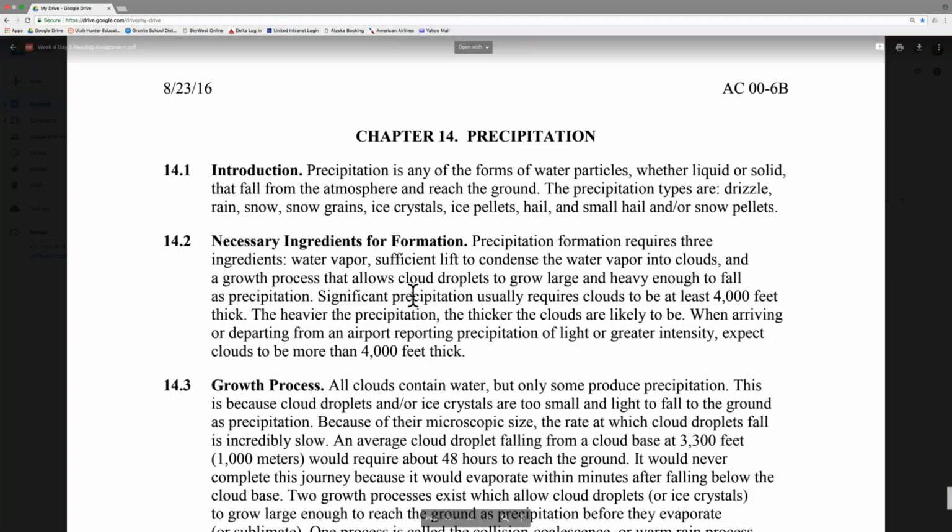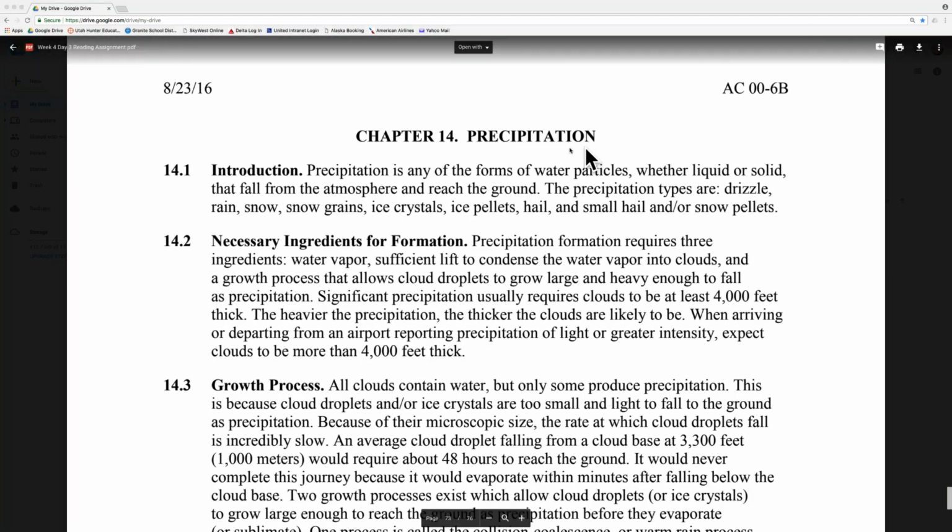So, precipitation. Basically, it's just anything that falls from the clouds, right?